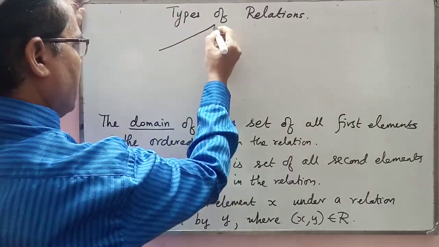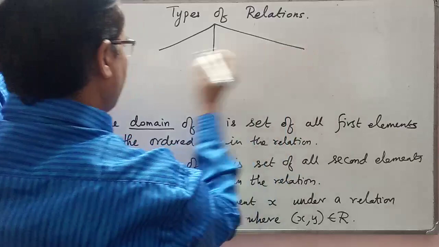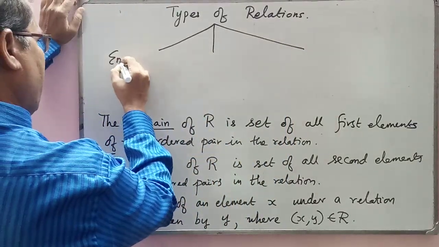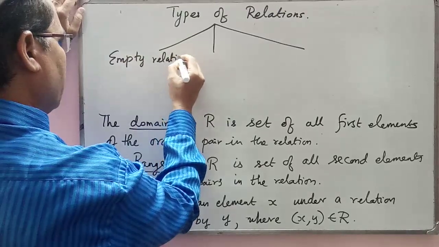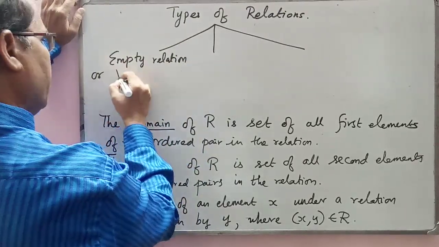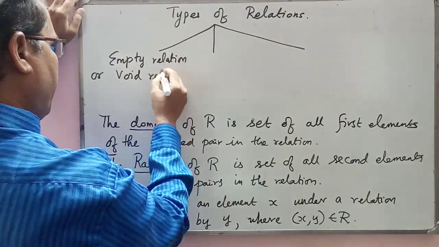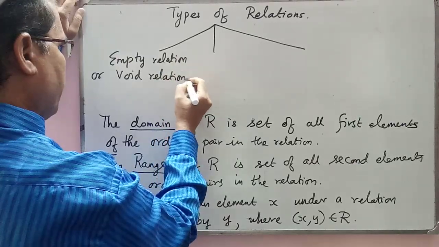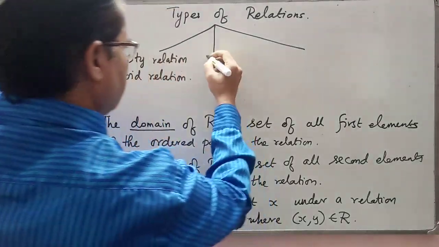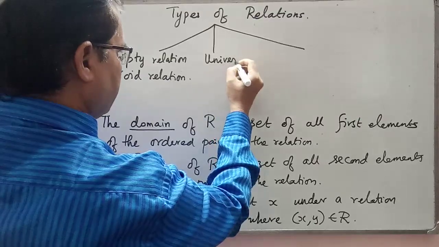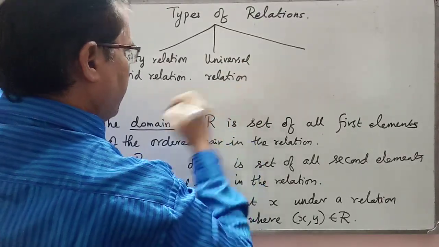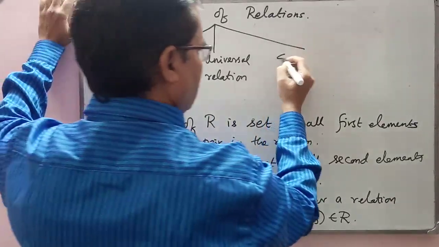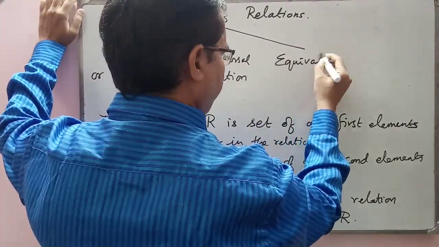First one is the empty relation, or we call it the void relation. Second one is the universal relation. Third one is the equivalence relation.